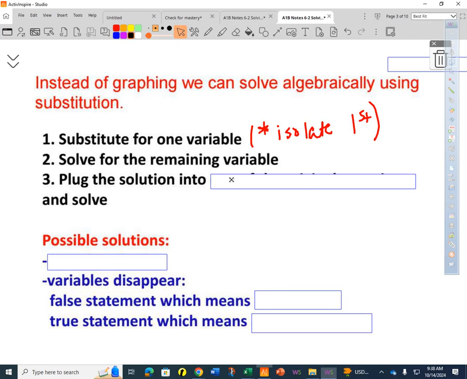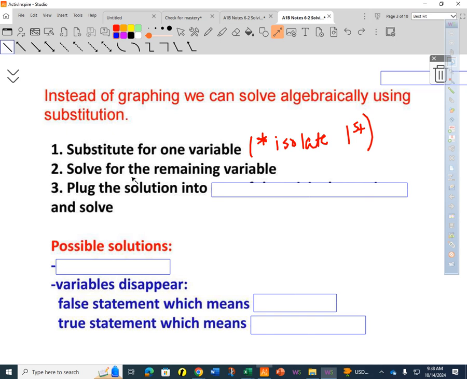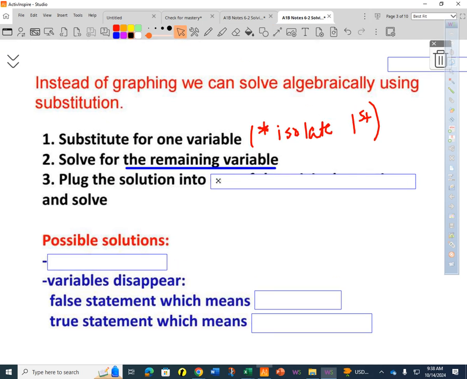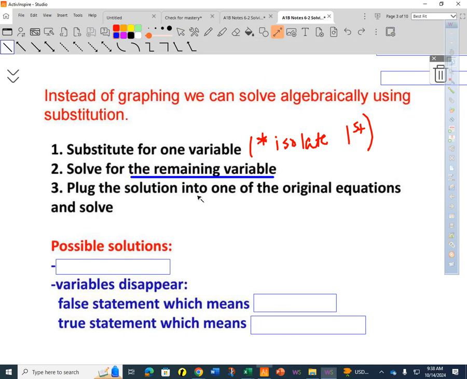And then we're going to plug in into one of the original equations and solve. So our last example was a shorter version because we didn't have to isolate, we didn't have to solve for both equations or variables.